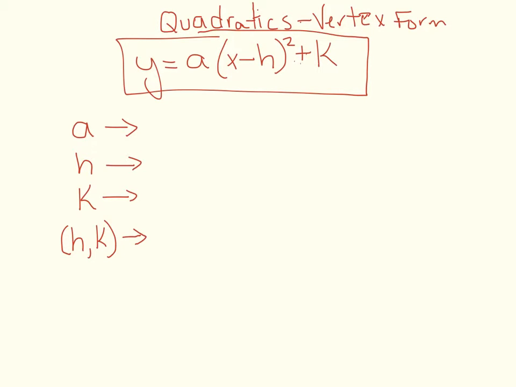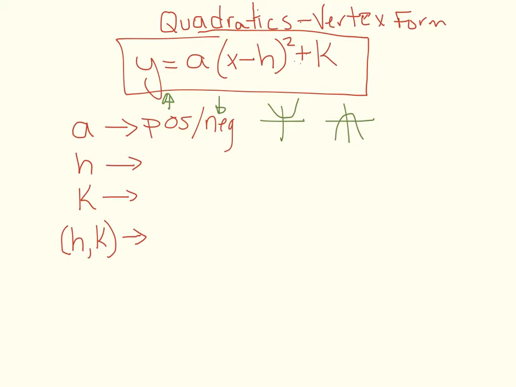So a, when we identify a as either positive or negative, that's telling us if the parabola is opening up or if it's opening down. A parabola opening up is going to be positive a, and a parabola opening down would have a negative a value.